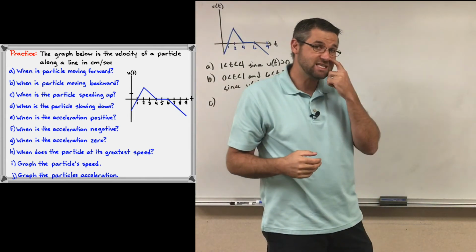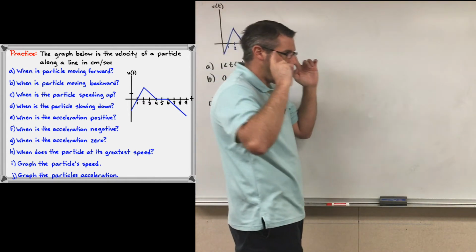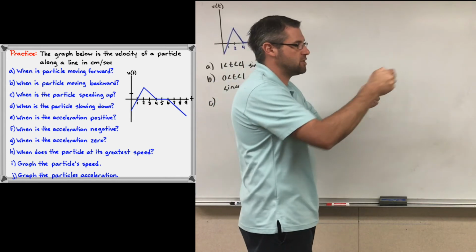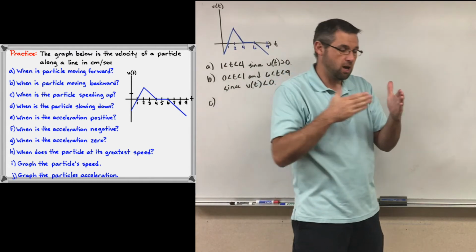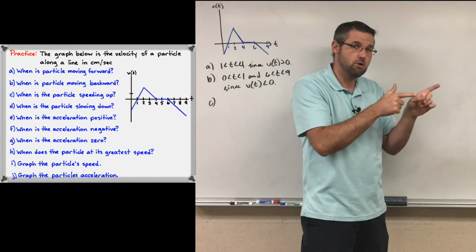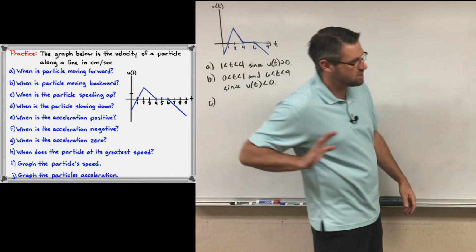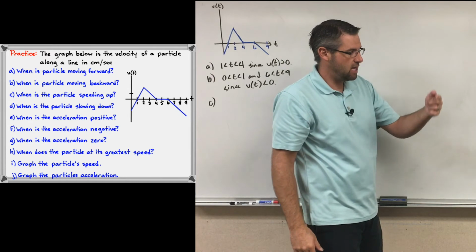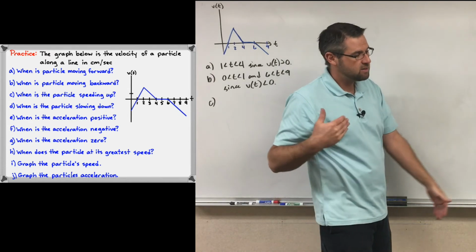That force is acceleration. So velocity being positive tells me I'm going this way. I need something to propel me in that direction, and that is acceleration. So if acceleration is pushing me in the same direction that I'm going, then I'm going to speed up. So I'm running along, and essentially I have something that's pushing me to go faster.